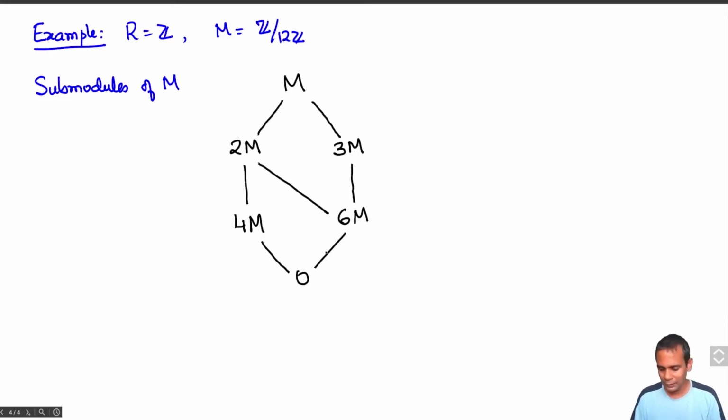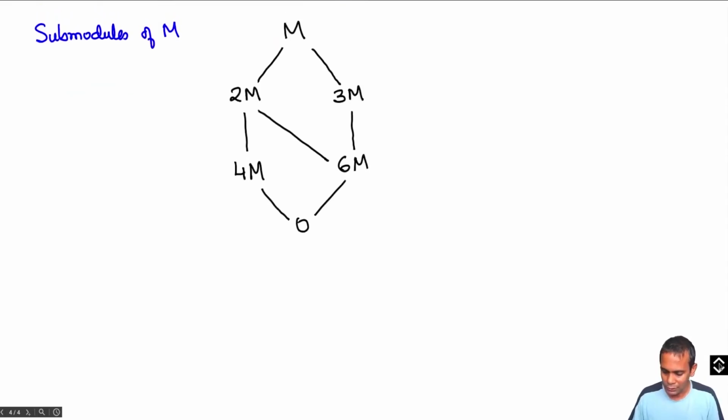And from this, we can write down all the composition series. They're just going to be sequences where you choose modules going down in chains in this diagram. But you don't have to take everything along a chain. So you start with M and you end with 0, and you can take a path going from M to 0 and pick some things along that path. So the smallest composition series that you can have is just a composition series which has 2 terms, that is n is equal to 1.